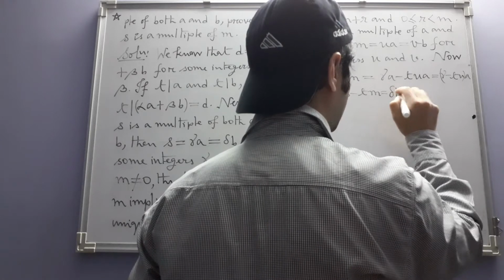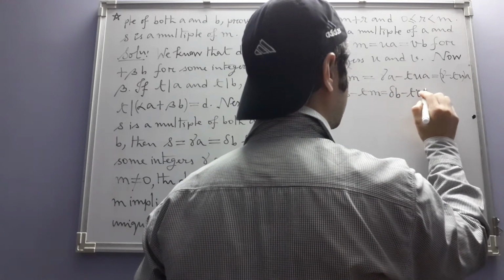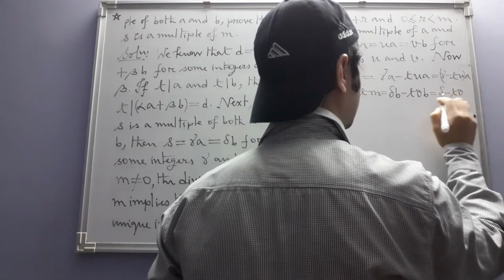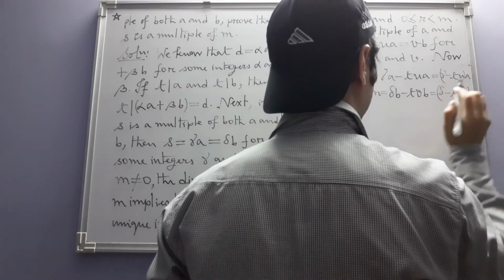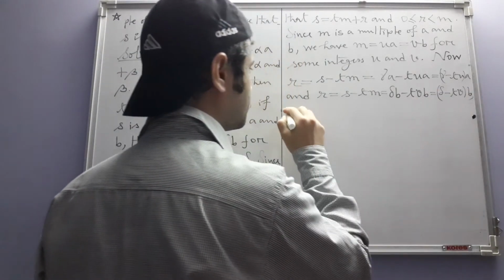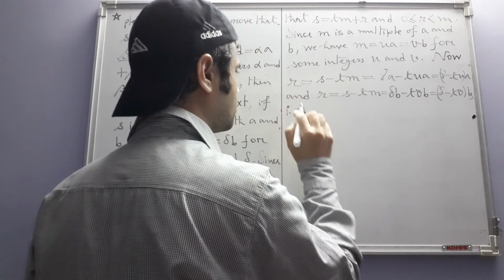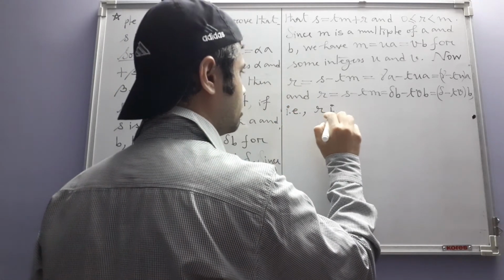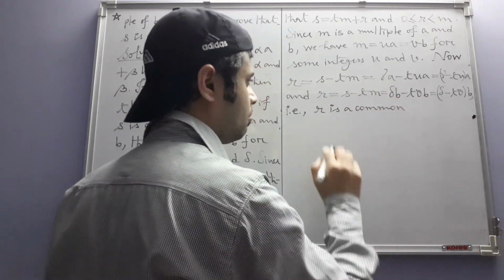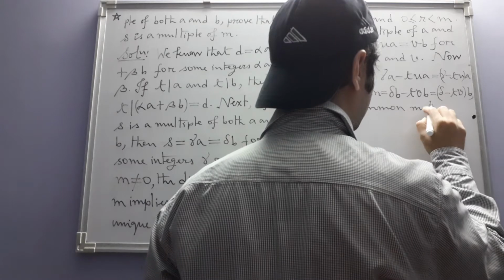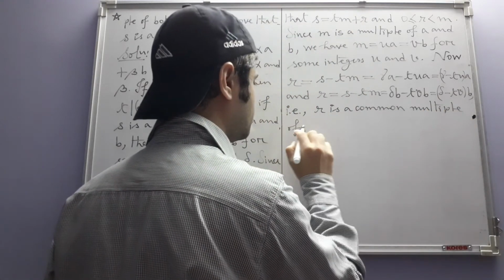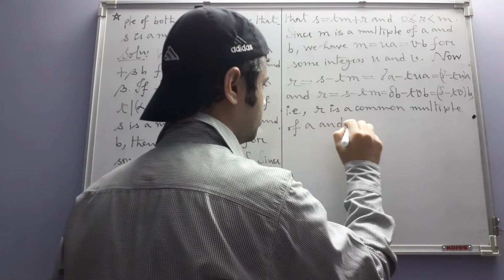So this is delta B minus P vB, so delta minus Pv times B. That is, R is a common multiple of A and B.